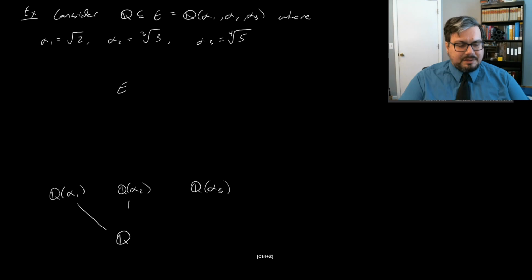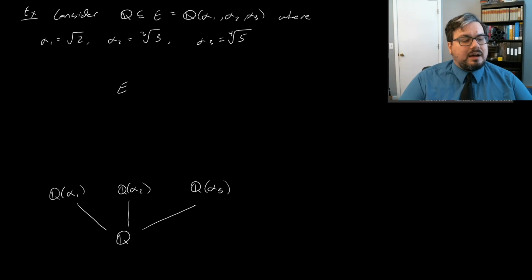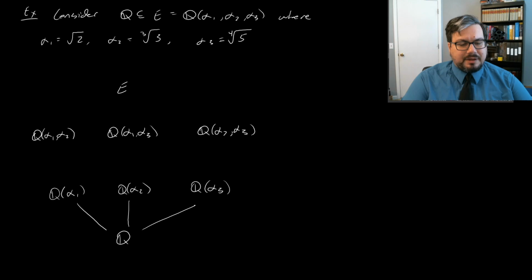Now each of these extensions will have some degree. We'll get to that. And then above that, we'd have Q(α1, α2), Q(α1, α3), and then Q(α2, α3). And here we can fill in some more containments.